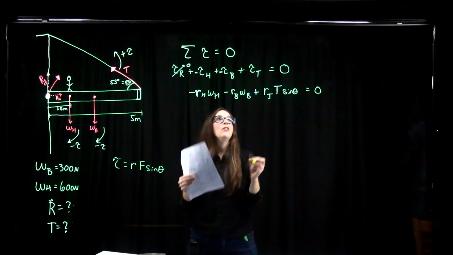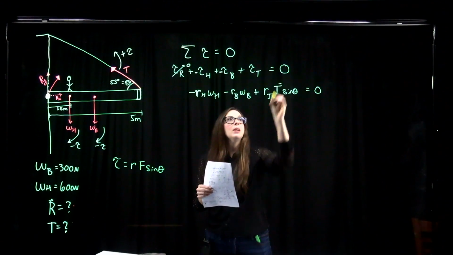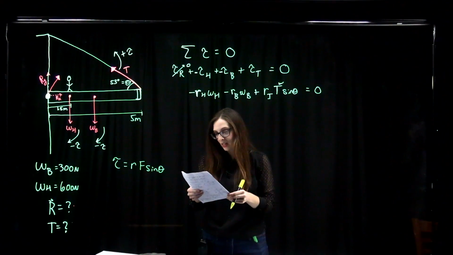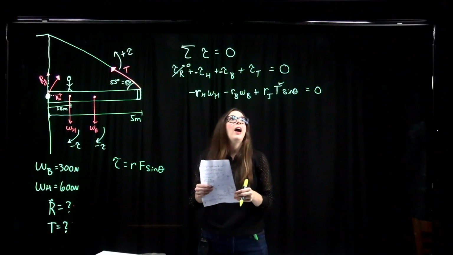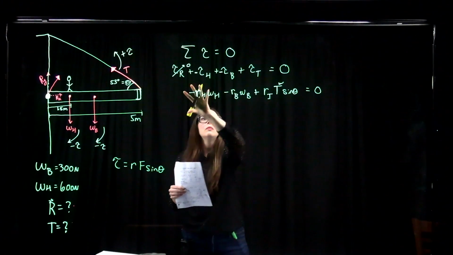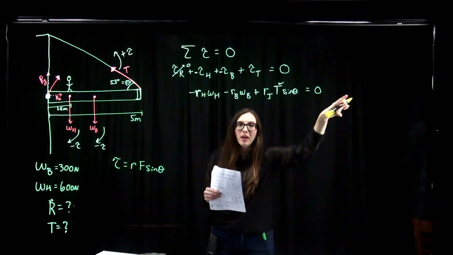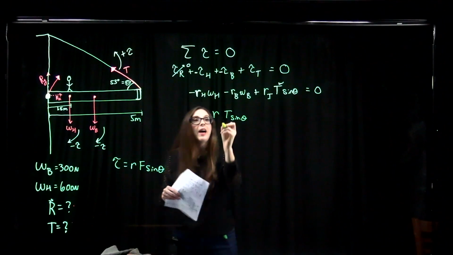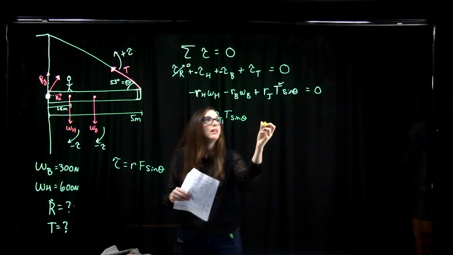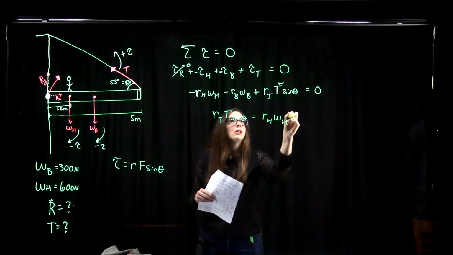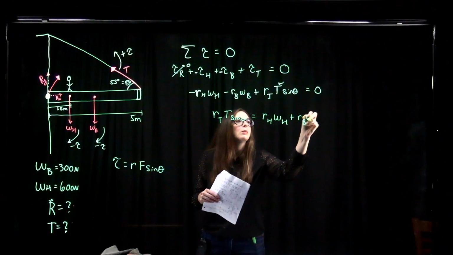So then, if I solve this equation for T, because I know everything else here, I'm going to move these two terms that are negative to the other side of my equal sign. I'm going to have RT times T sine theta equals RH WH plus RB WB.